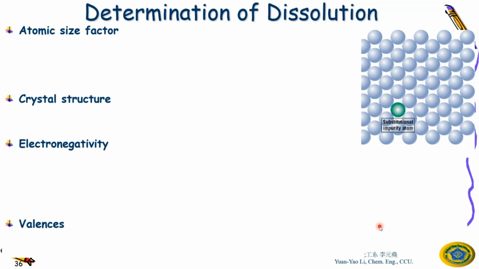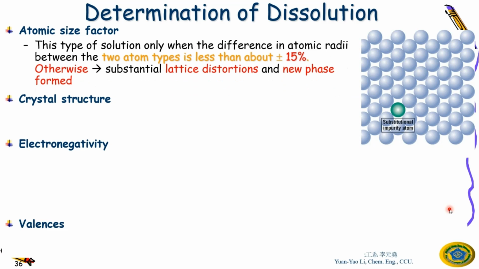The first one is atomic size factor. Atomic size factor tells us that in order to make a solid solution, the difference in atomic radii between the two atom types must be less than about plus or minus 15%. It's not 30, okay?